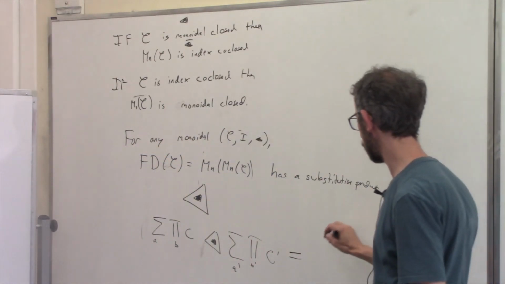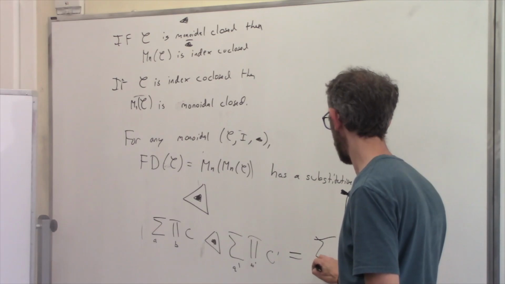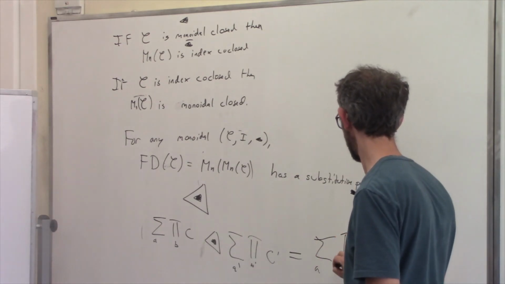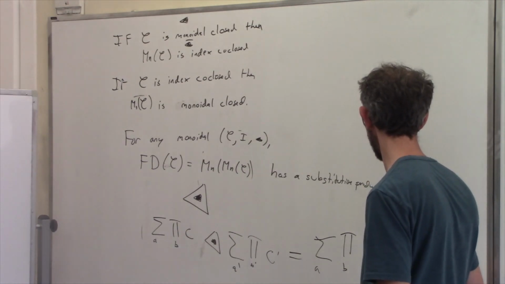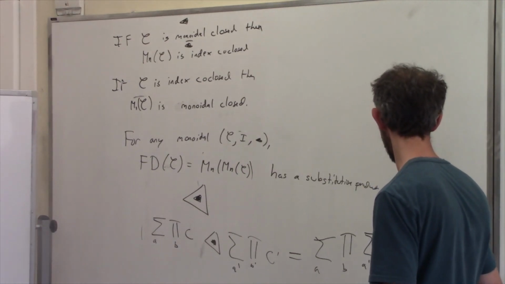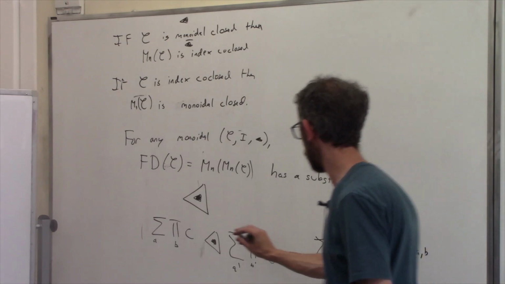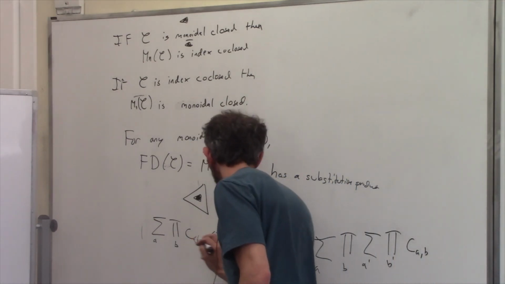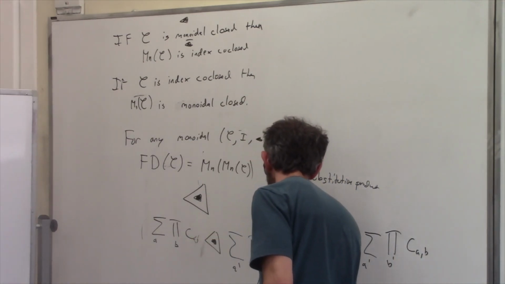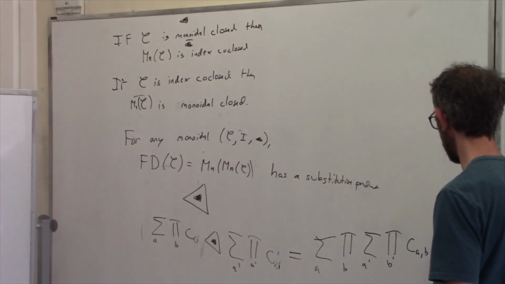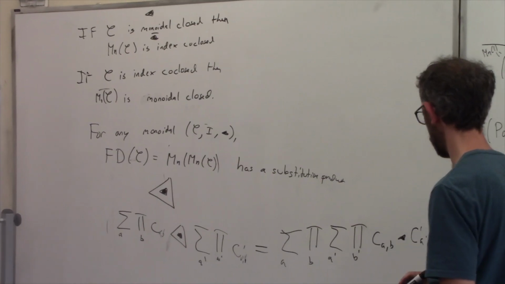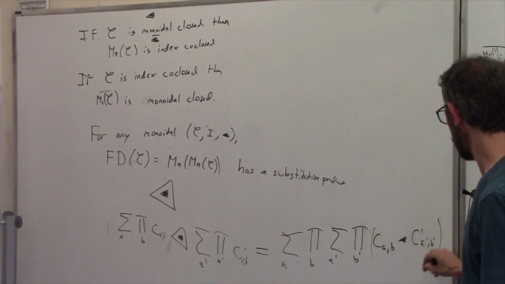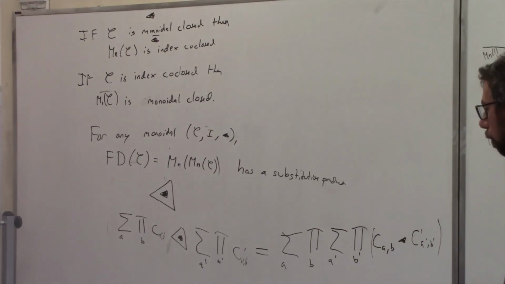So you get the sum over A of the product over B of the sum over A prime of the product over B prime of C of A, B, with the old one on the inside, C prime, A prime, B prime. And so you get to carry your old thing forward.